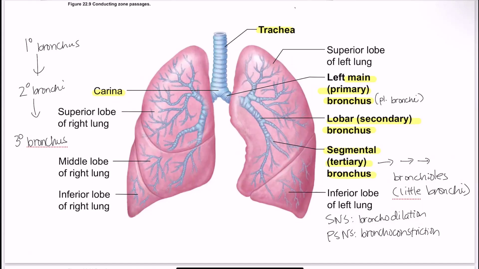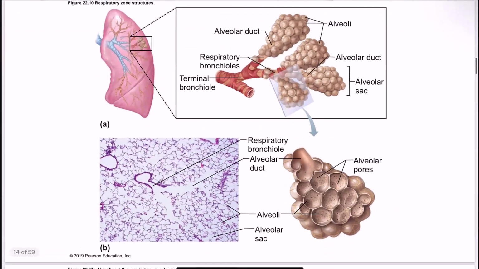Okay, so now let's zoom in. So we've come in through our bronchi, branched and branched and branched, and then now the last bronchioles, they're called terminal bronchioles. That's the last bronchioles that we have. Those terminal bronchioles turn into respiratory bronchioles, and then we lead into these little clusters of grapes.